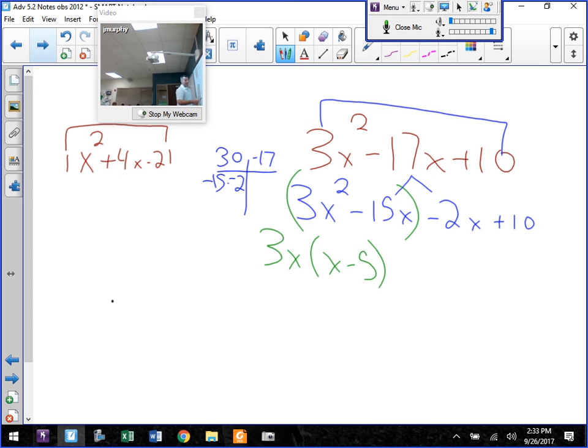Okay. Now here's the trick. Notice how my two middle terms are both negative. What I always do here is that I force myself to remember that this third term is negative. I do a quick same change opposite. The reason that I do that is because now I need to remember to factor out that negative.